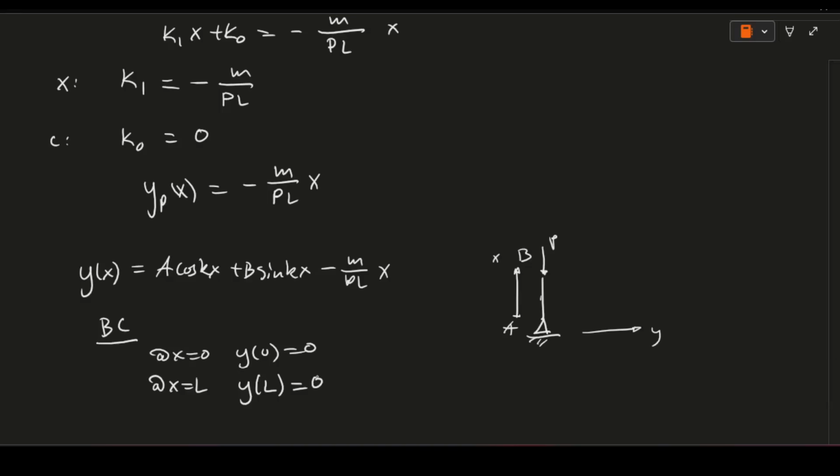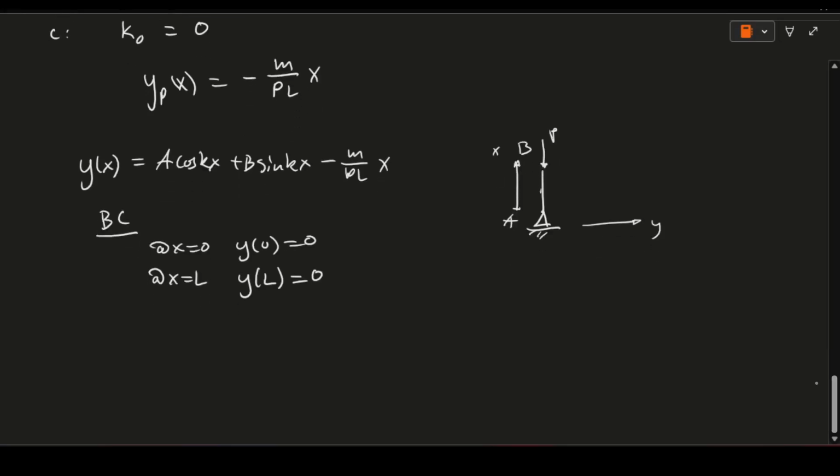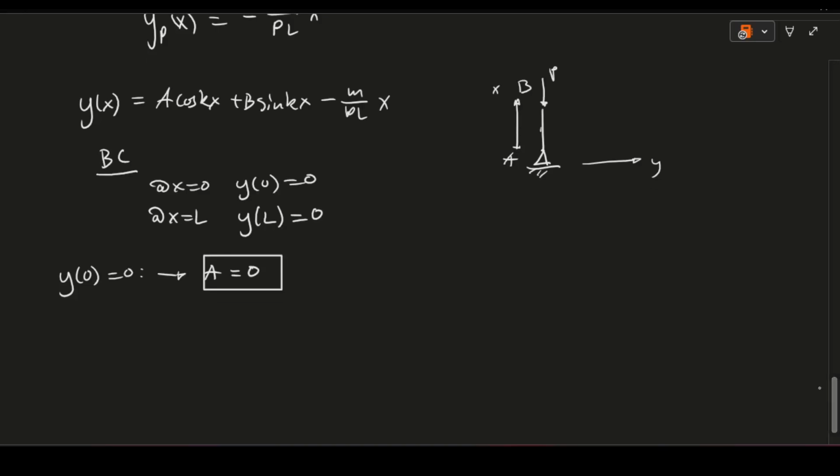There is no deflection or shortening of the beam at L. Okay, so y of 0 equals 0. That yields that A must equal 0. Okay, if you plug in L, it should be equal to 0.